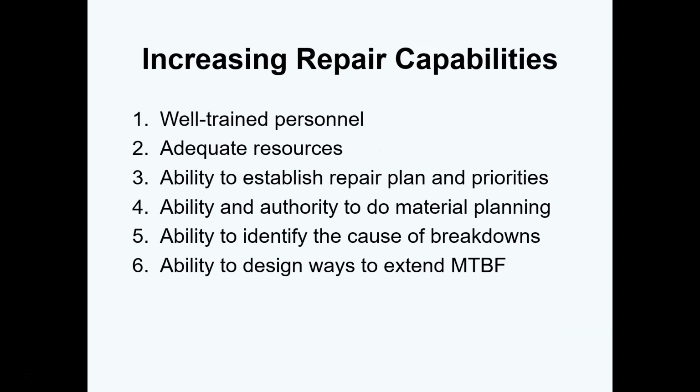To increase repair capabilities, the company needs well-trained personnel, adequate resources, ability to establish repair plans and priorities, ability and authority to do material planning, ability to identify the cause of breakdowns, and ability to design ways to extend the mean time between failures.